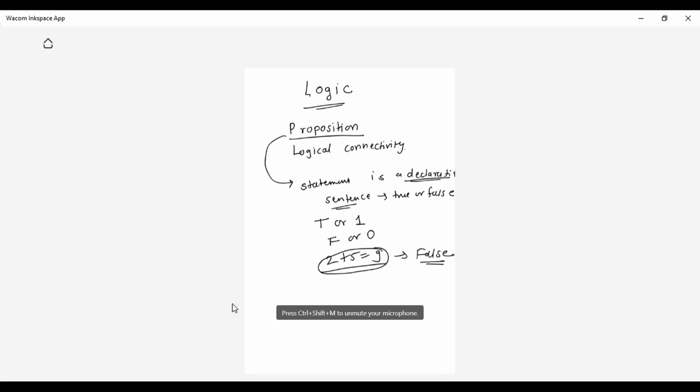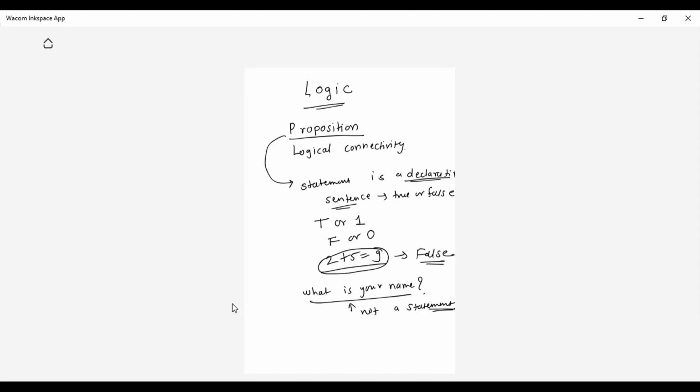So if I'm asking what is your name, what is your roll number, this sentence is not a statement, students. Why is it not a statement? Because this sentence is not providing a definite value, true or false.